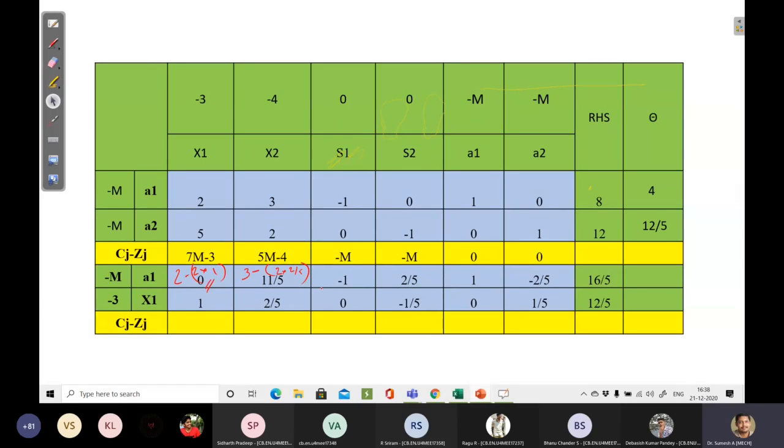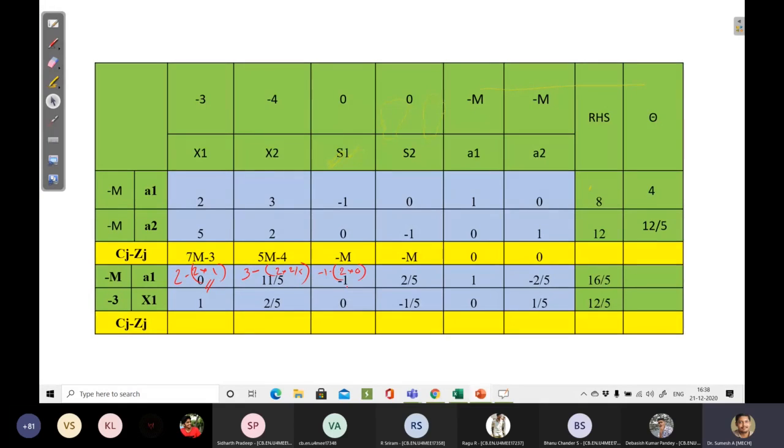If anyone is having any doubt, I am just calculating it. So here it will be minus 1 minus 2 into 0.